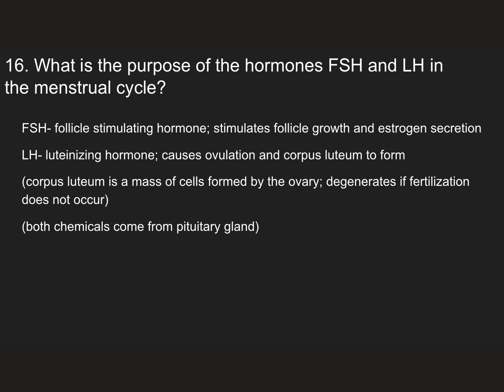If fertilization doesn't happen, it degenerates over time. If fertilization does happen and a person becomes pregnant, then the corpus luteum is kind of a mass of nutrients and things like that. Both chemicals, LH and FSH, come from the pituitary gland.